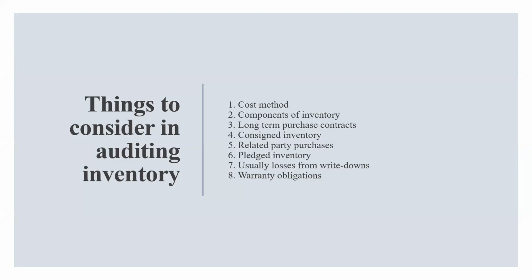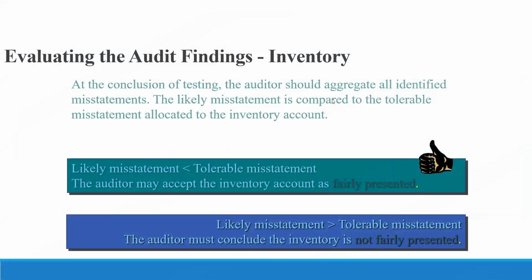So I guess that's almost all for auditing the inventory. As we have done in auditing sales, auditing inventory, auditing purchases, after collecting all the evidence from tests of control and also substantive tests, you should make a conclusion based on the detected misstatements. If the detected misstatement is lower than the tolerable value, the result is okay.